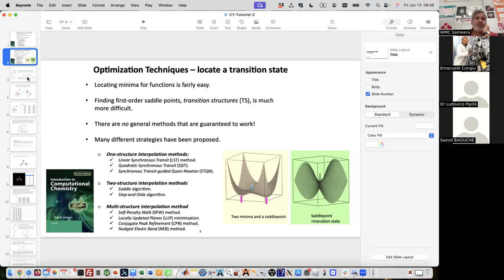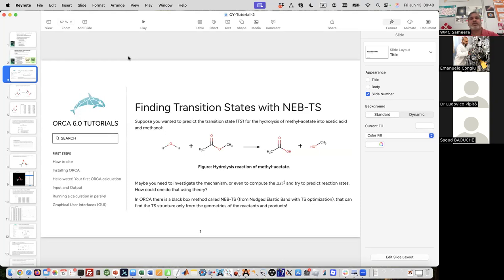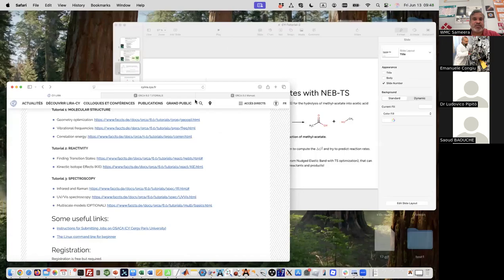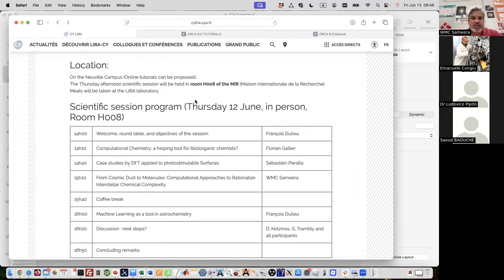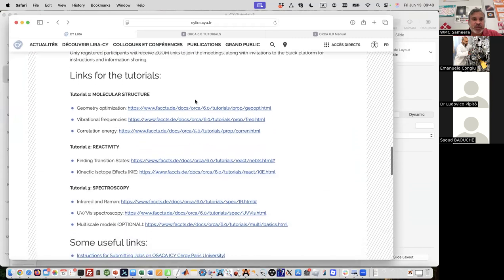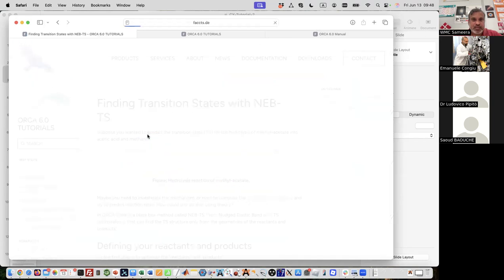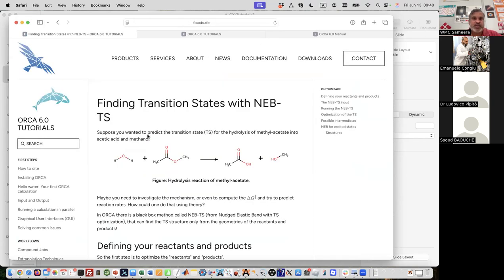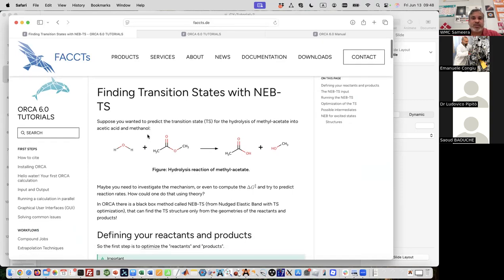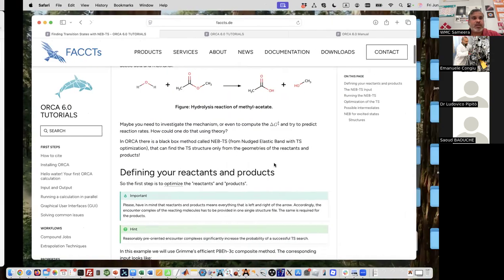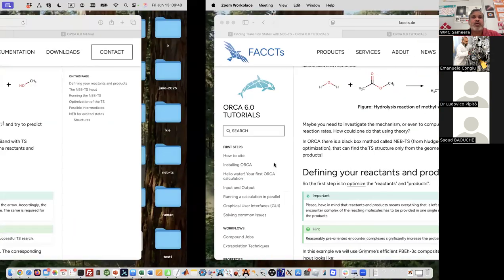Now if we go into the tutorial, it's on our workshop website. You can go into tutorial 2, reactivity, and if you click here, you will go to the transition state computation. So we are going to use NEB calculations. NEB is a method to find transition states.